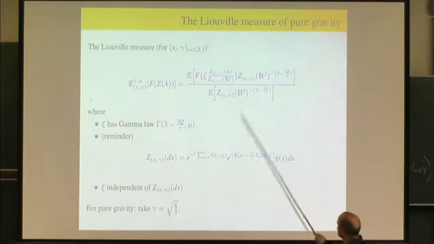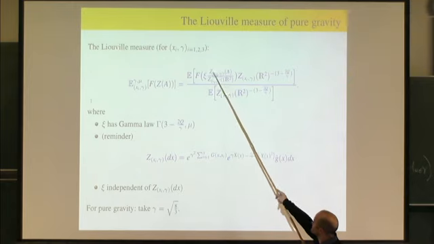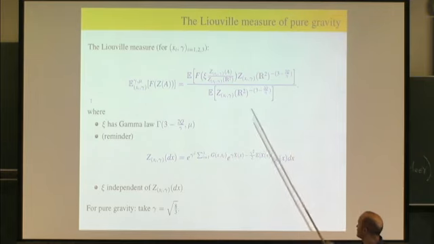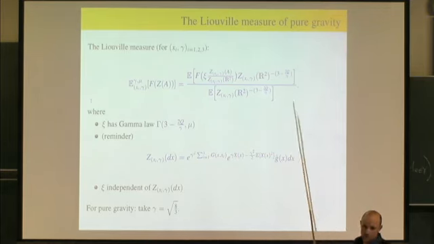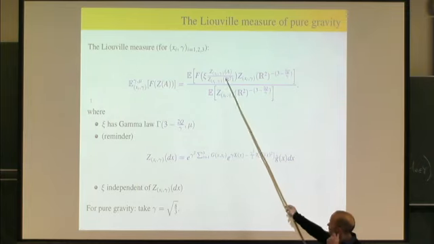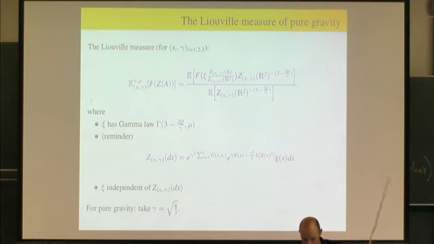Well, you see here that this is not the case, because if you want to understand this measure formally as the exponential of something, because of this weight here, your field will not be Gaussian. And even if you condition on having n faces in your triangulation and whatever you do, you will never have a Gaussian field here. Okay, so this is just a point I want to stress.